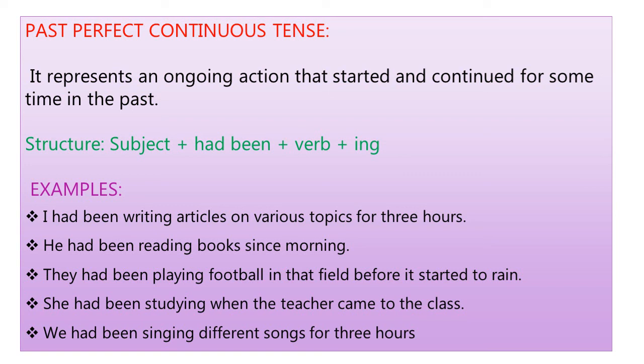She had been studying when the teacher came to the class. We had been singing different songs for 3 hours. Here, when we mention the timings, we are using for. And when we are saying some period of time, we are using since.